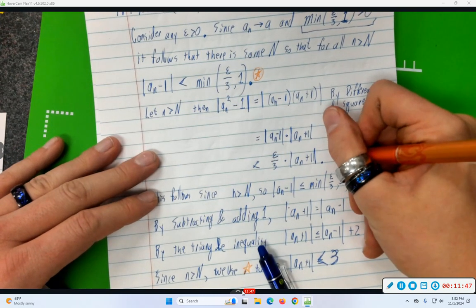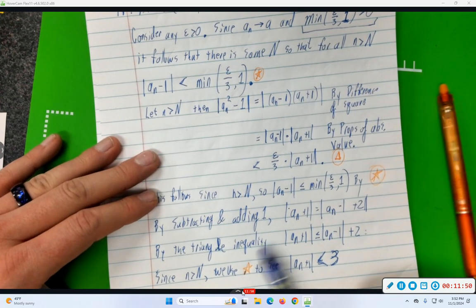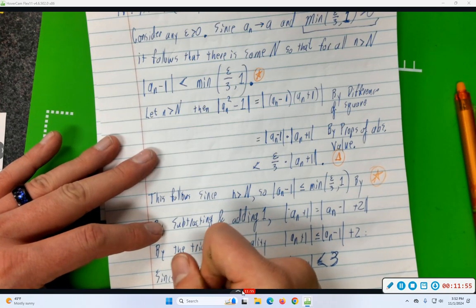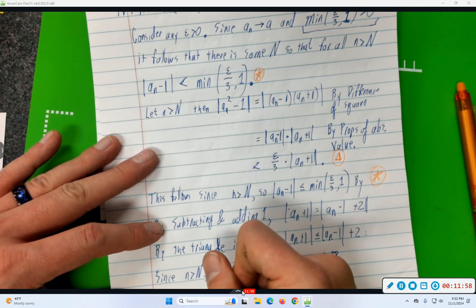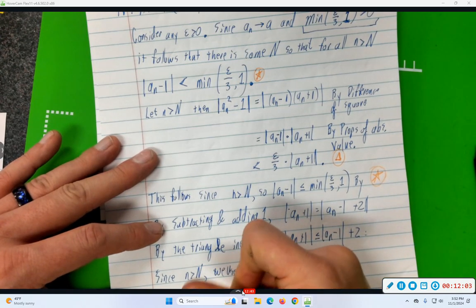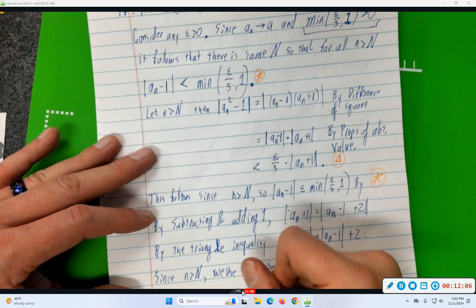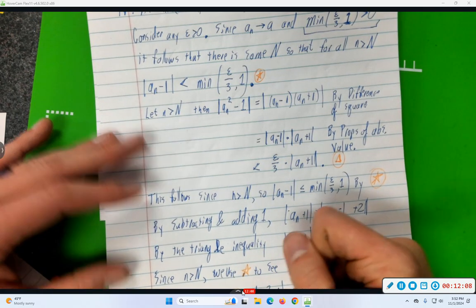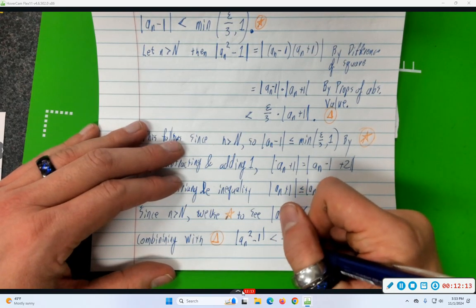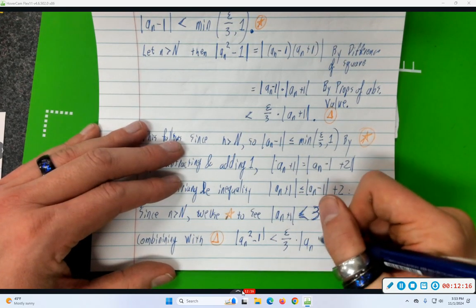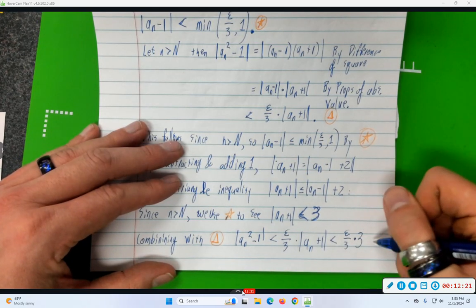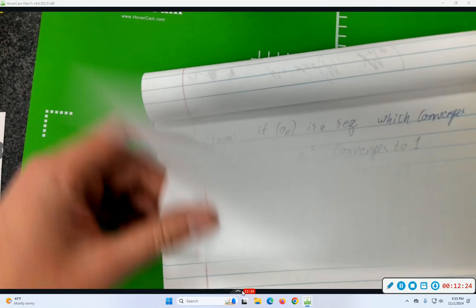And it looks like I'm going to default to this line now, so let's indicate it. Combining this with the triangle inequality, the absolute value of a_n squared minus 1 is less than epsilon over 3 times the absolute value of a_n plus 1, which is less than epsilon over 3 multiplied by 3, which is equal to epsilon.